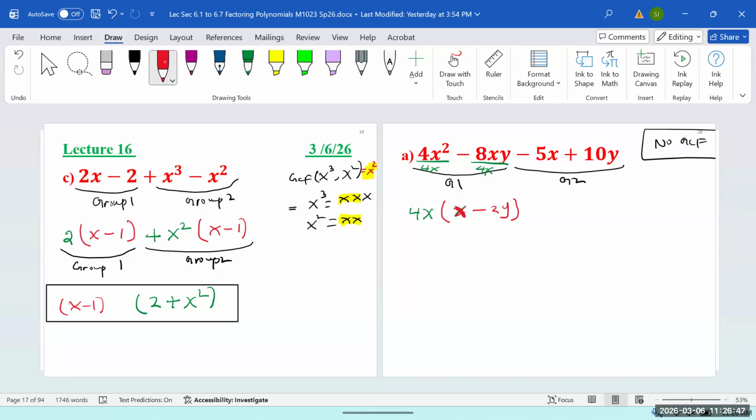So what do you see in the second group? 5 doesn't have any 2. So positive 5 or negative 5? We have to start with negative 5 because our second group starts with a negative sign. Is there any variable we can factor out? So what is left in the second group?